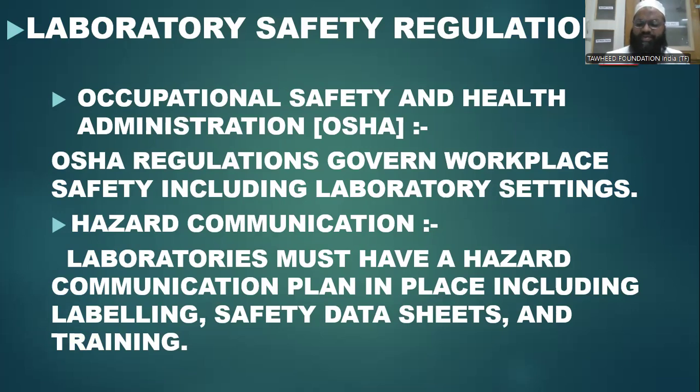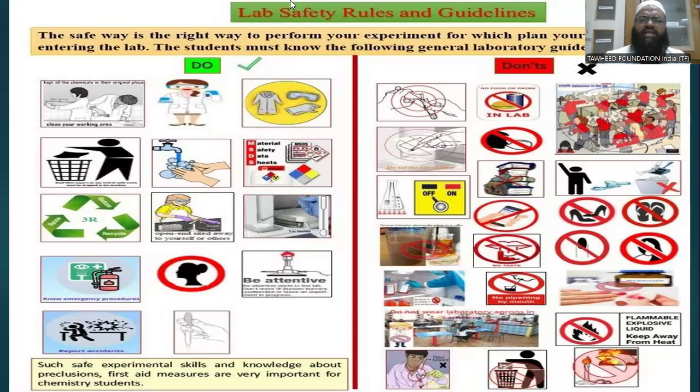We need to check. Coming to the next, here we can see pictures, do's and don'ts. The safe way is the right way to perform your experiment, for which you plan your work before entering the lab. The students must know the following general laboratory guidelines and what can be done and what cannot be done in a laboratory.